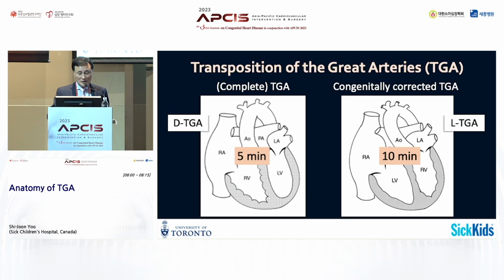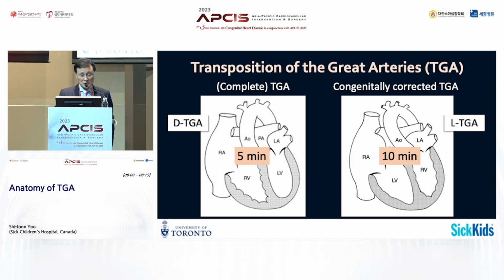Okay. So transposition of the great arteries. There are two types. One is what we conventionally used to call complete transposition. Why do we need complete? Most people say just transposition of the great arteries. Another is congenitally corrected transposition. It is also called DTGA and LTGA.